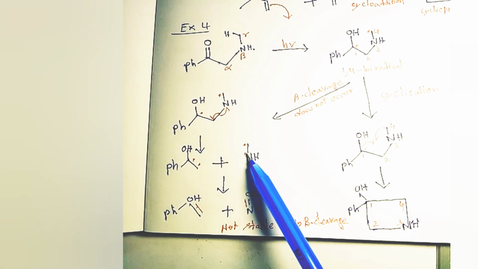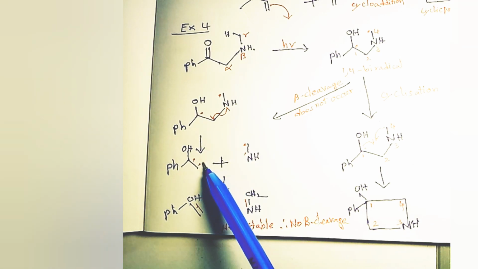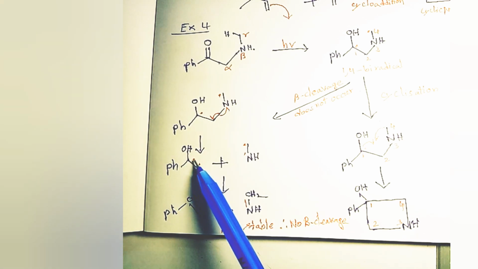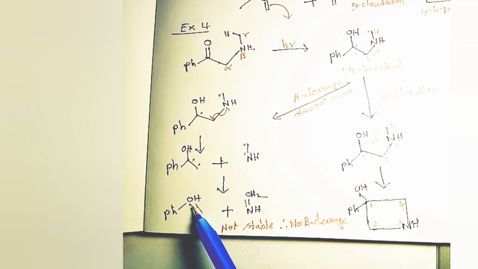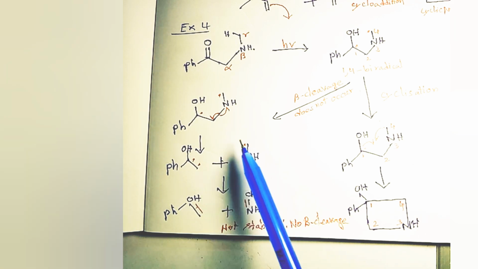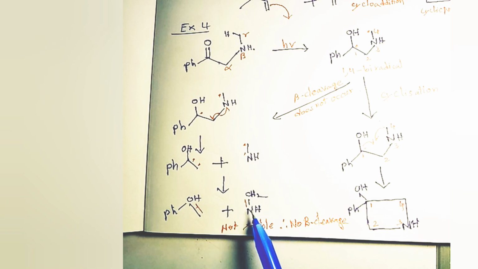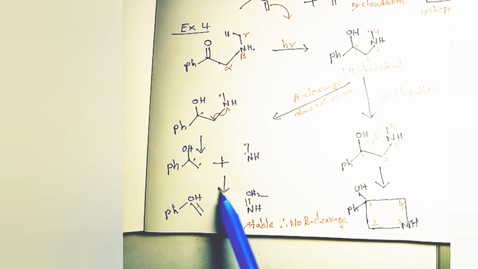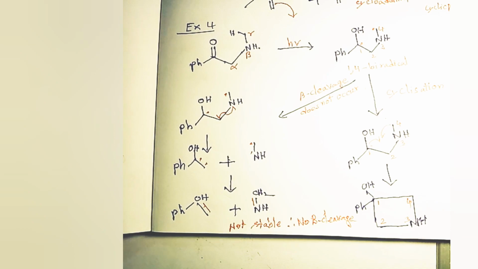One radical on nitrogen, one radical on the alpha carbon. Already there was a radical on the carbonyl carbon. These two will join together to form a compound like this. Then these two radicals will join to form a structure like this, CH2=NH. This is not stable, so no beta cleavage occurs in this compound.